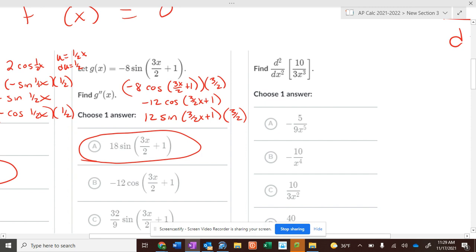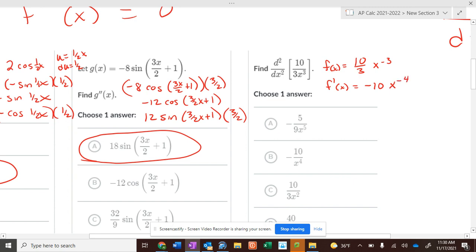If I see one like this, I'm going to rewrite it as 10 thirds x to the negative third. Okay? Now what's the first derivative of 10 thirds x to the negative third? Negative 30 thirds, which is negative 10 x to the negative fourth.